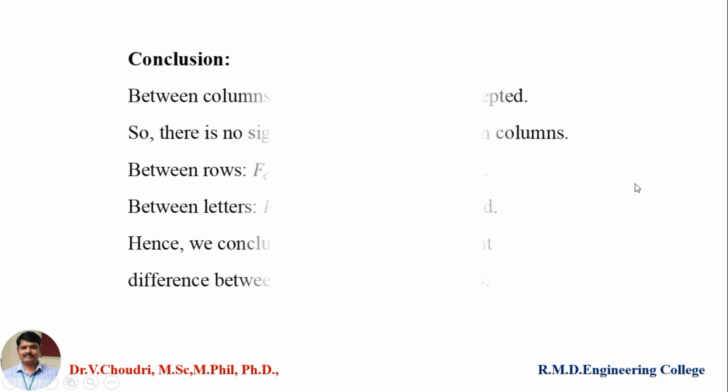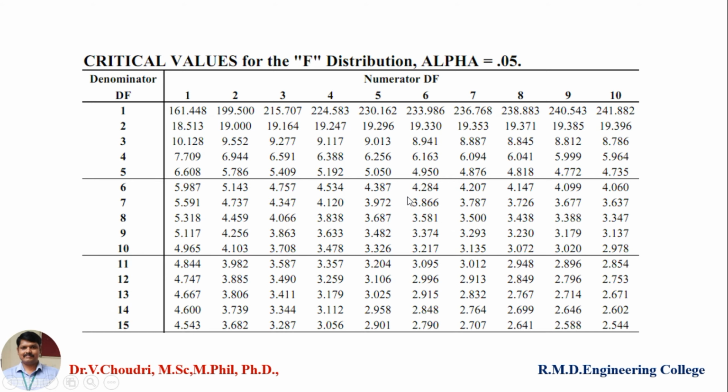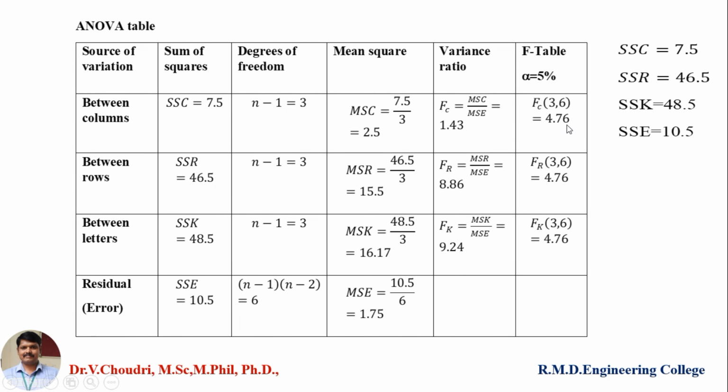So table value and calculated value. Between columns, the calculated F is 1.43 and the tabulated value is 4.76. So FC is less than 4.76, so we accept that there is no significant difference between columns. Second, 8.86 is greater than 4.76.